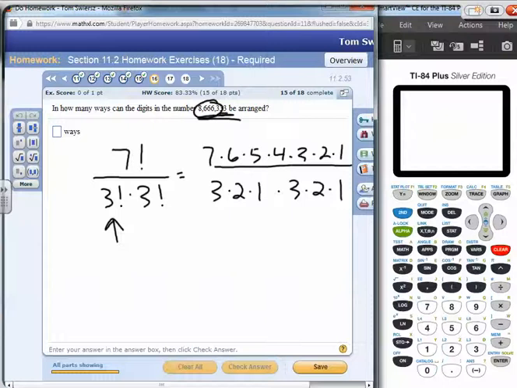If you want, you can just reduce it with pencil and paper, or you can use your calculator. 3 times 2 times 1 cancels here, right? And then this 3 times 2 times 1 is a 6, so this 6 could cancel with this 6, so we're left with 7 times 5 times 4, if we do all the reducing with paper and pencil.